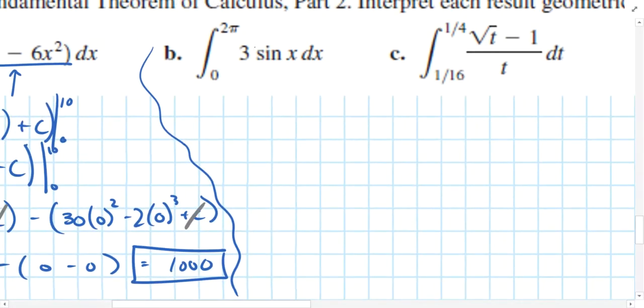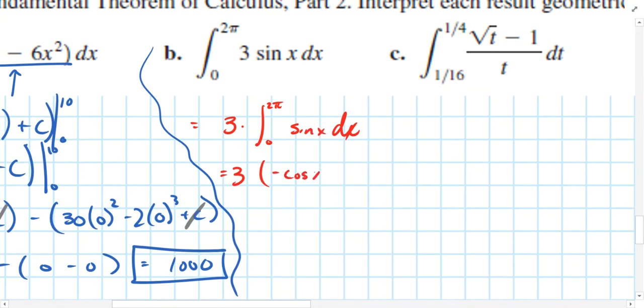Well, I'm going to treat this 3 as a coefficient, a multiplier times sine of x. So I know that the antiderivative of 3 times sine of x would be 3 times the antiderivative, or the definite integral in this case, of sine of x dx. And so that would be 3 times, now, the antiderivative of sine is the opposite of cosine plus c.